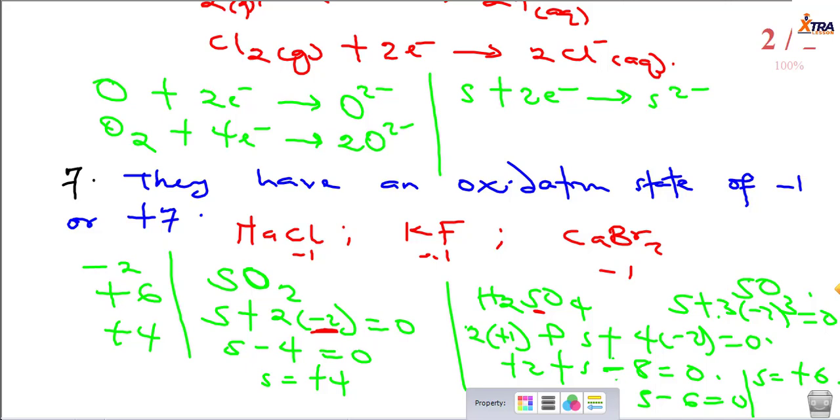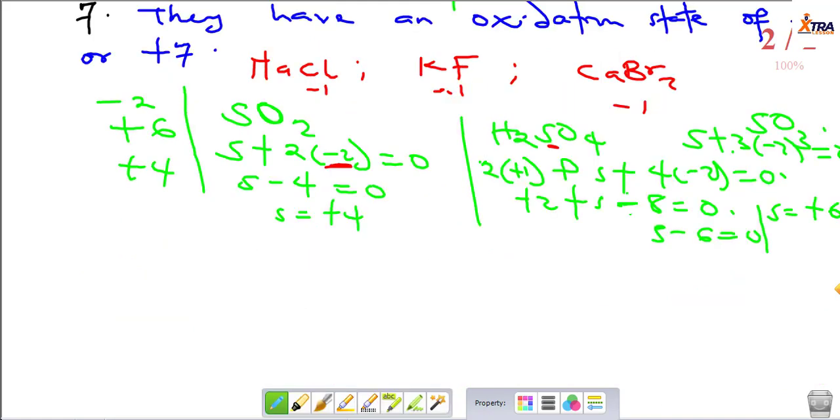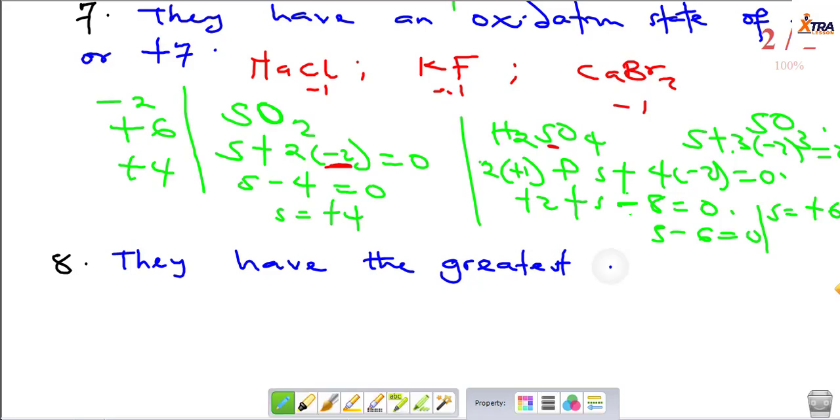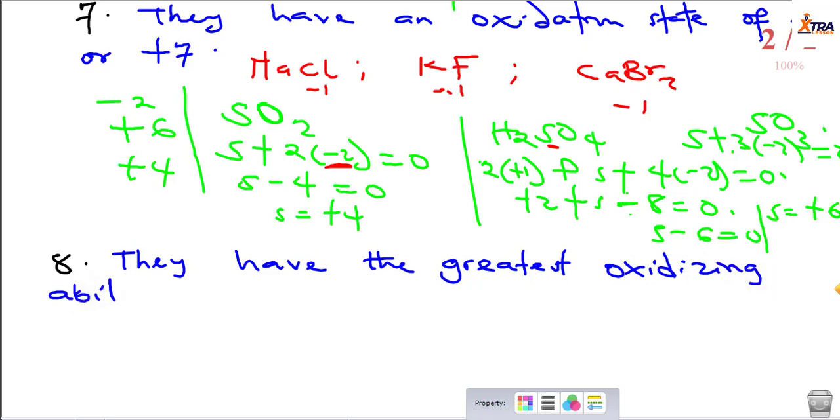That is another point. Now, let's round off with this point: that these elements have the greatest oxidizing ability compared to group 6, group 5, and every element in the periodic table, right?